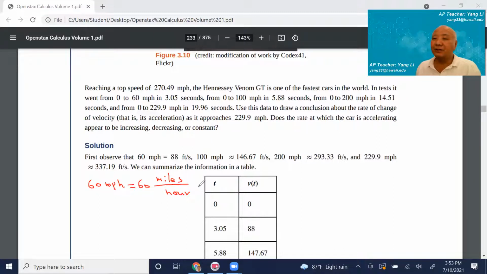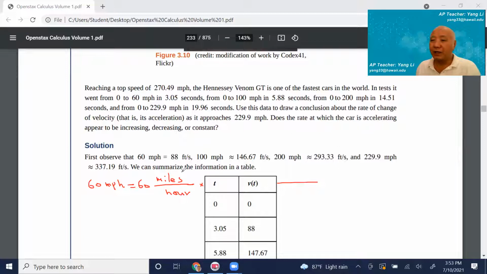Now, our job here is to change the miles to feet and hours to seconds. So what we're going to do is multiply by the conversion.